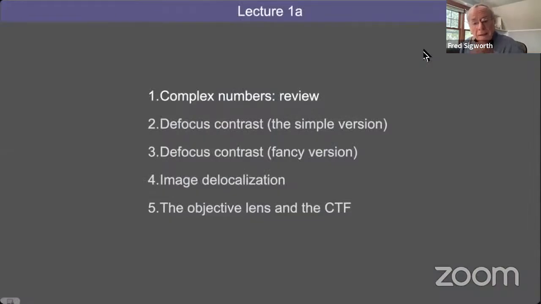So I'm doing this in three parts, and this is the first part where I'm going to review complex numbers. I know a lot of you've had that in high school or whenever. The big deal in this part of the lecture is how contrast happens in the electron microscope, how defocus contrast happens, and how we can model it.